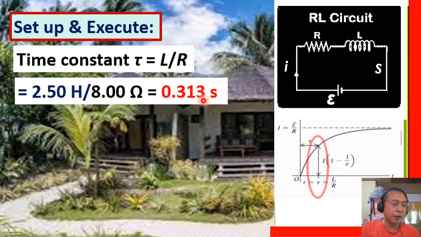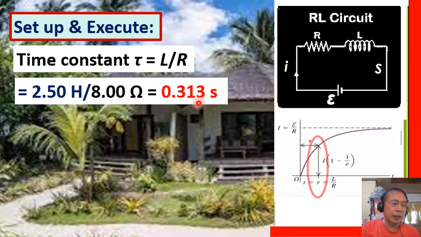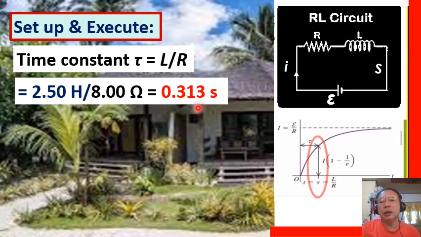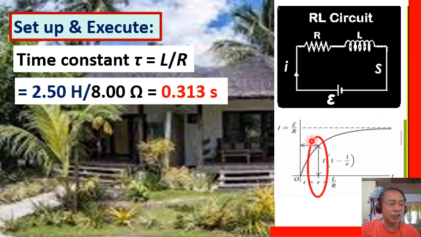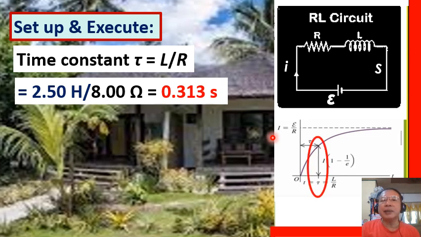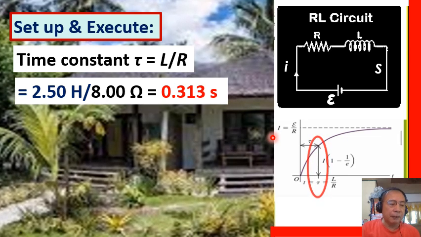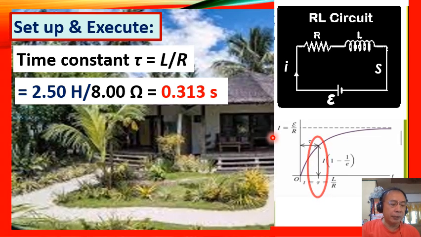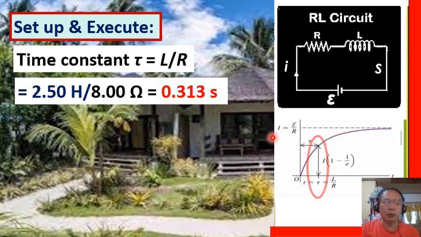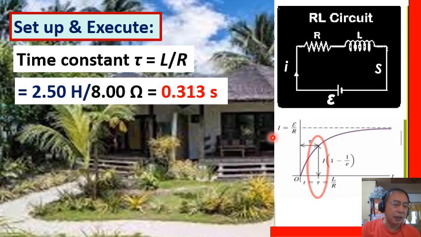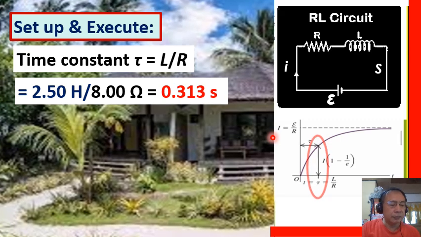So the time constant tau is the time required for the circuit to reach 63% of the final value of the current, which is also referred to as the steady state value of the current.